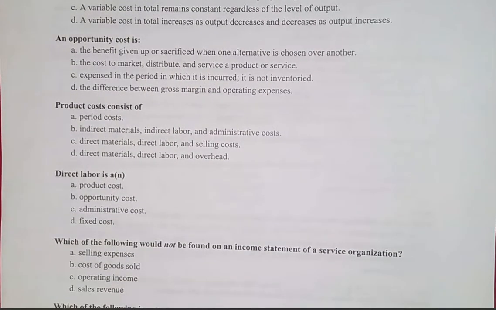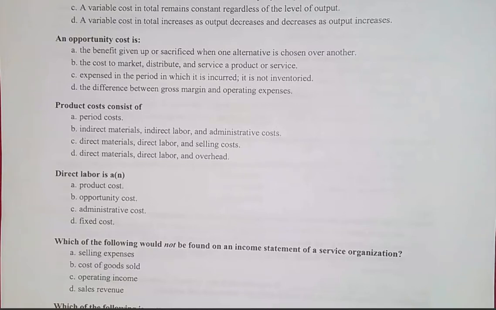Okay, I have a question about opportunity cost, and it says an opportunity cost is, and choice A says, the benefit given up or sacrificed when one alternative is chosen over another. Okay, sounds pretty good. Let's see here.